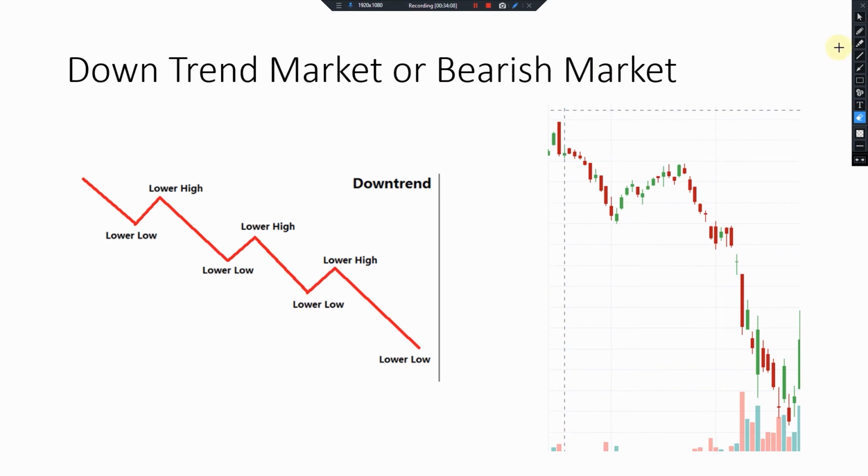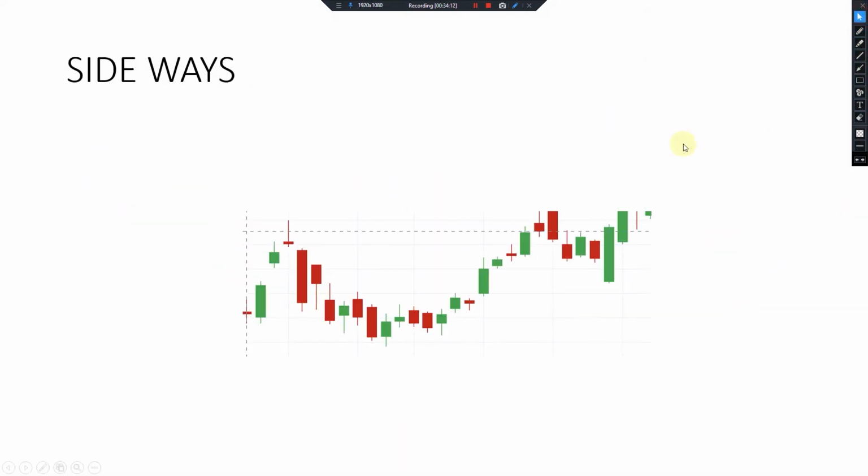Now let's see sideways. Sideways markets are like this: if you see this part of the time period, the price just stayed in one place, the same price, maybe a 20 rupee difference for the whole period. Maybe it can be 1 hour, or 1 minute, or 1 day, or 1 month.